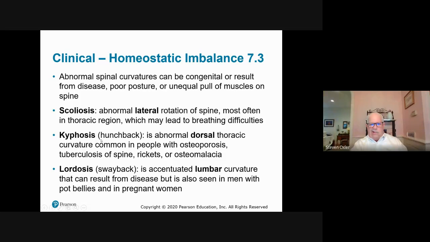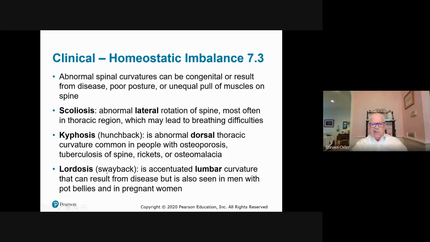Kyphosis, otherwise known as hunchback. It's an abnormal dorsal curvature of the thoracic spine, and it occurs in elderly people with osteoporosis or people with vitamin deficiencies like rickets and osteomalacia.